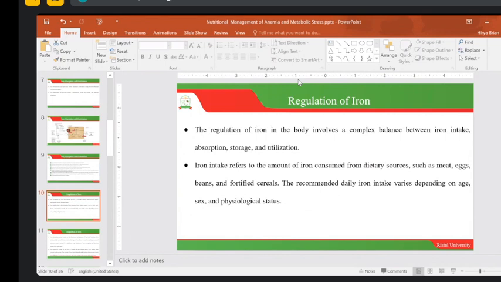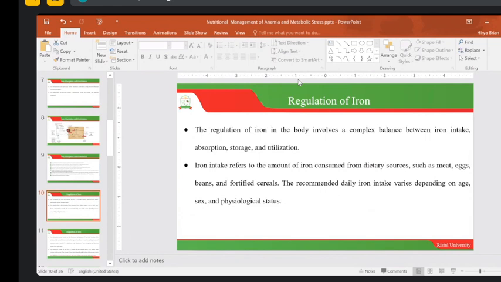The dietary sources of iron, like we know, are eggs, meat, beans, and also fortified cereals, because you remember we talked of fortification as another intervention that will help the public meet nutrient requirements if they are not existing naturally in that particular food. We are trying to use our food as a vehicle to deliver those other nutrients that are lacking, or the ones that have been removed through processing and all those other things.